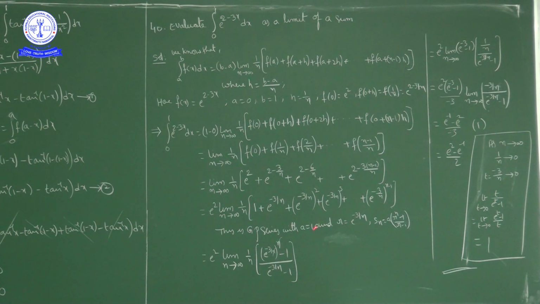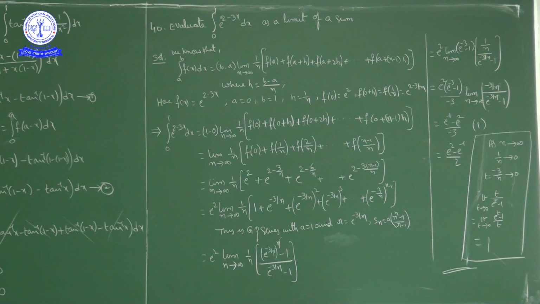Now here the n gets cancelled. So we have e power 2 limit n approaches infinity 1 by n into (e power minus 3 minus 1). But that is constant, I'll write it outside. So e square into (e power minus 3 minus 1) into limit n approaches infinity 1 by n upon (e power (minus 3 by n) minus 1).